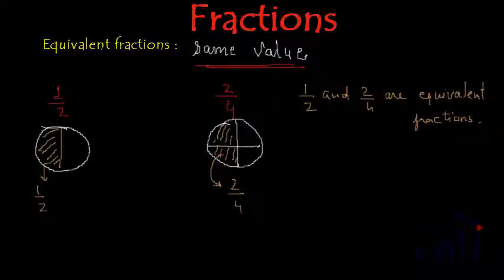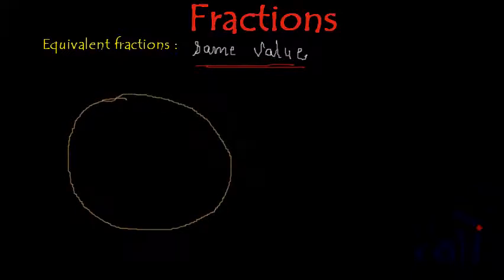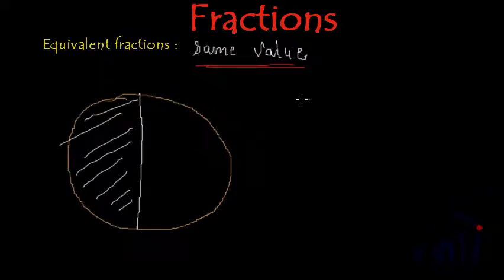And now I'm going to do one more exercise so that you can understand it better. I'm going to draw one big pizza. Suppose this is the big pizza, right? And if I divide it into half, this portion can be written as 1/2, right? And if we divide this pizza into 4 parts, that means each part is divided into two equal parts.